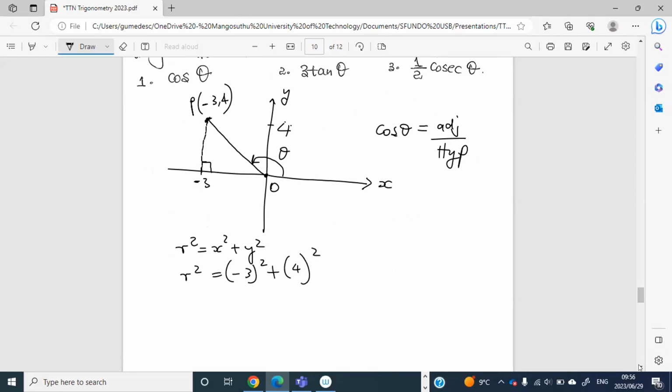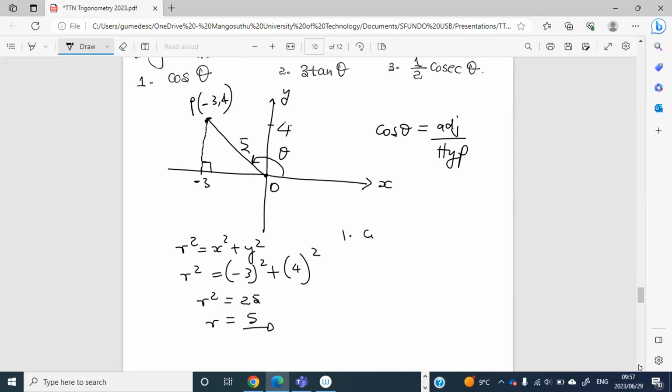So r squared in this case would be 25. What do you square to get 25? It's 5. So r is equal to 5. So this side is 5 units.